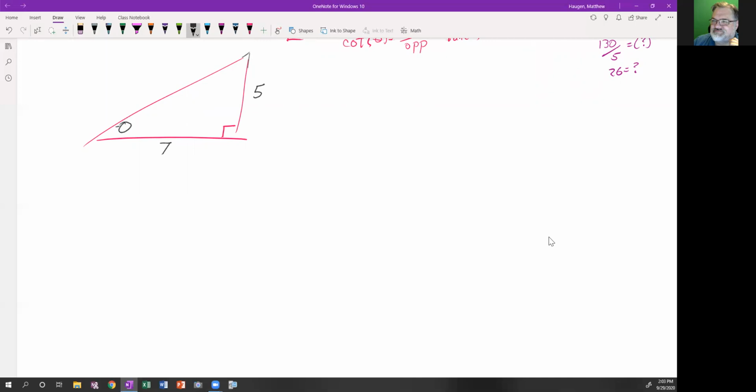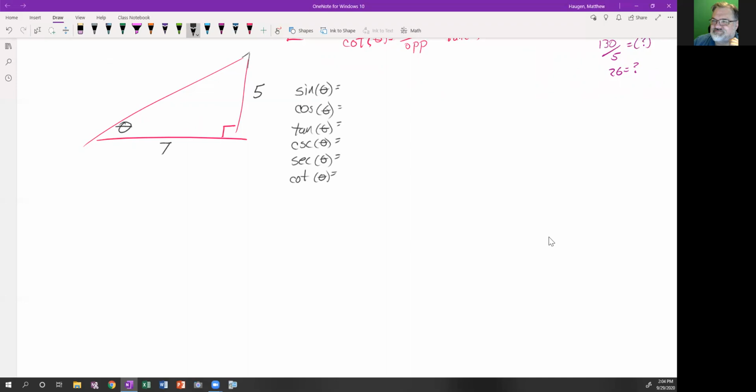Given an angle of reference, we'll call that theta, determine what the sine of theta, the cosine of theta, the tangent of theta, the cosecant of theta, secant of theta, and cotangent of theta are. Finding each of those values is a common early question in getting used to these trig functions. So let's go through that real quick.